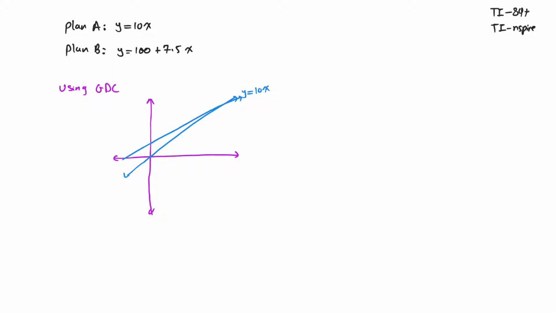And this one over here is y is equal to 100 plus 7.5x, and they meet right at this point over here, and this point is your point of intersection, which is at, I think it was 40 and 400. So this is the solution that you need to show.